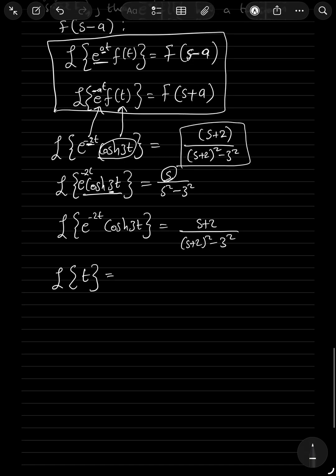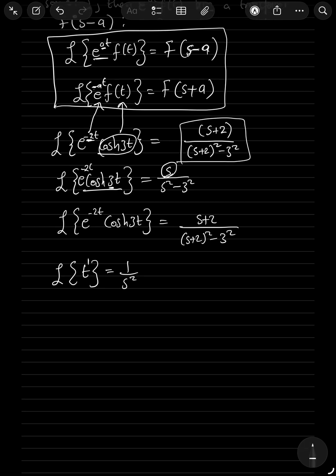It's 1 over s squared, because remember, this is 1, so it's 1 factorial over s to the power 1 plus 1, so it's going to be s squared.